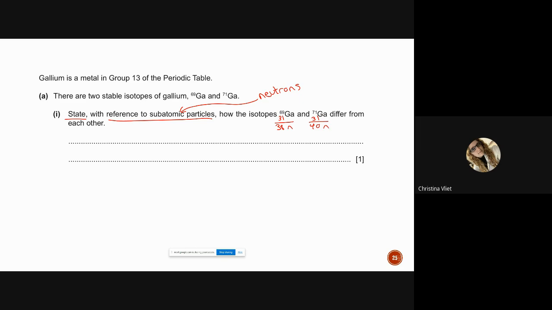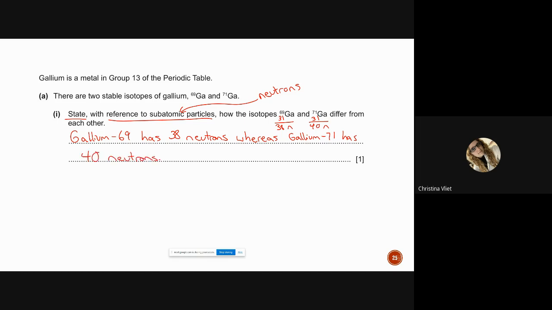So our correct answer would be to say that gallium, and you could just write the symbol, or you could say gallium-69 has 38 neutrons, whereas gallium-71 has 40 neutrons.